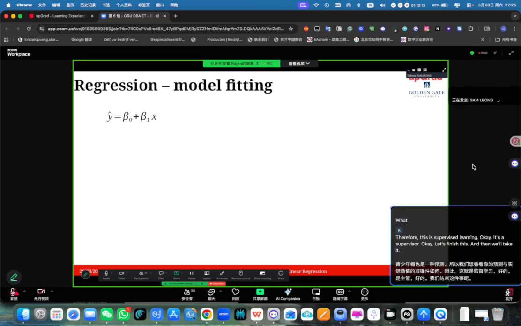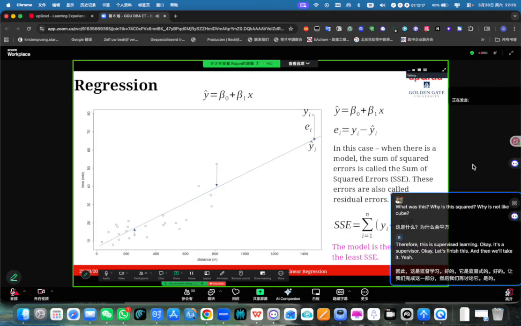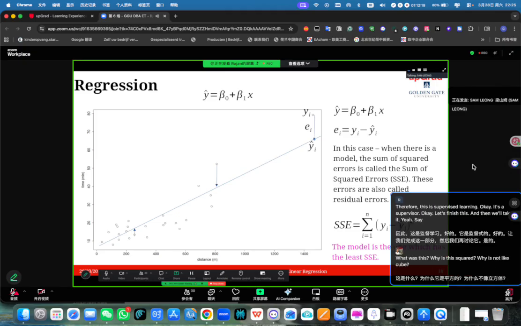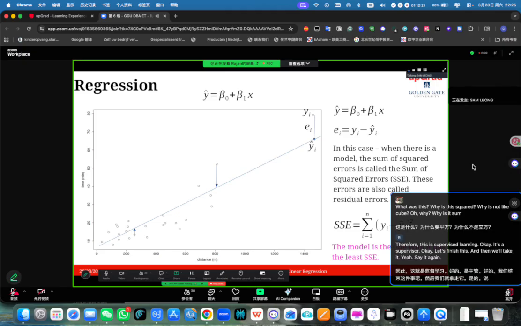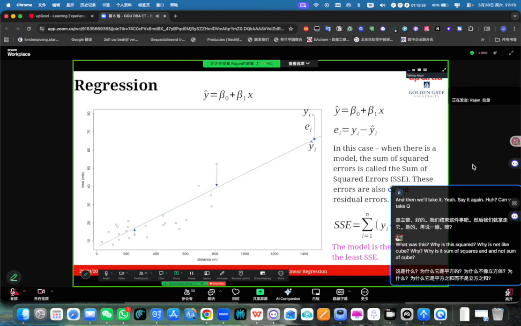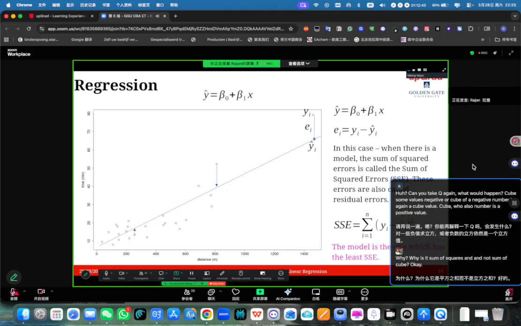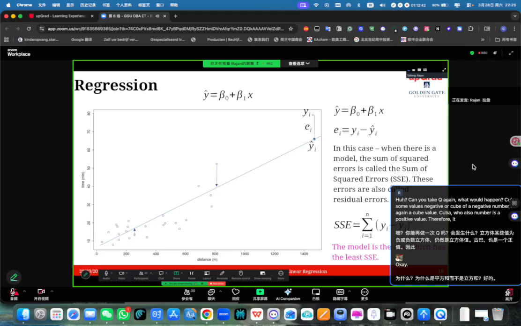Why is this squared? Why is it not cube? Say it again. Why is it sum of squares and not sum of cubes? When you take cube, the cube of a negative number is negative and the cube of a positive number is positive, so they will cancel out.